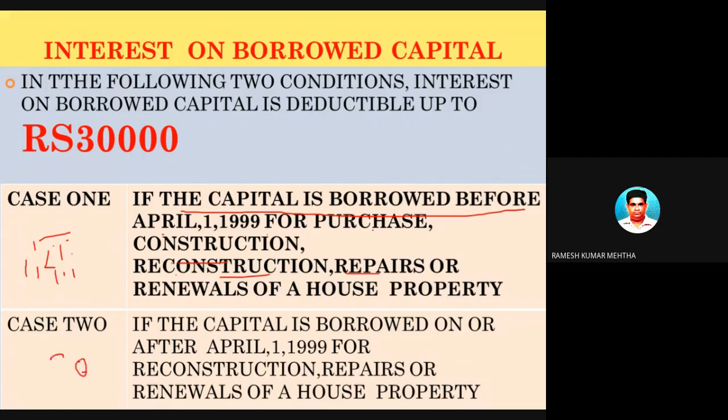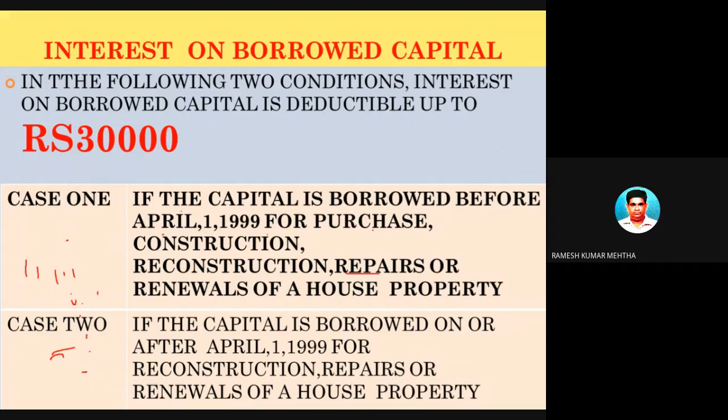For example, he has paid 2 lakh rupees and the loan was taken on 1/4/1998. As the loan is taken before 1/4/1999, even though he has paid interest of 2 lakh rupees, the maximum which will be allowed as deduction is 30,000 rupees. So this is point number 2.